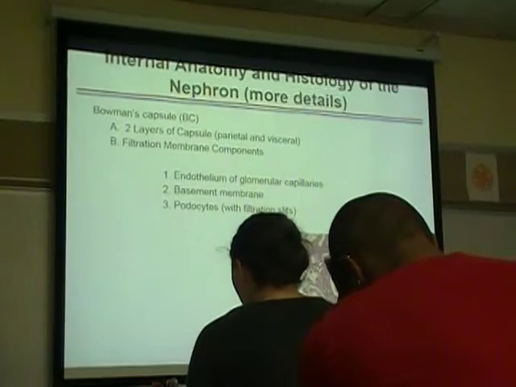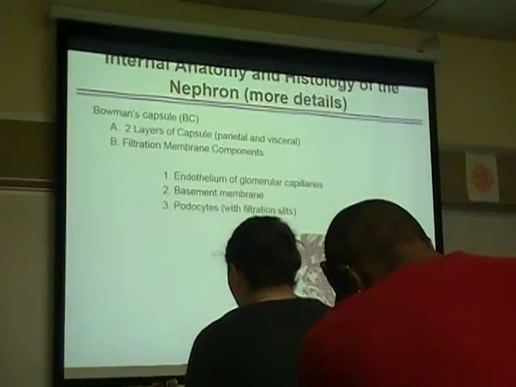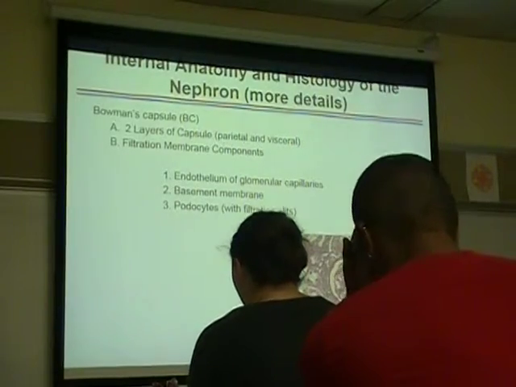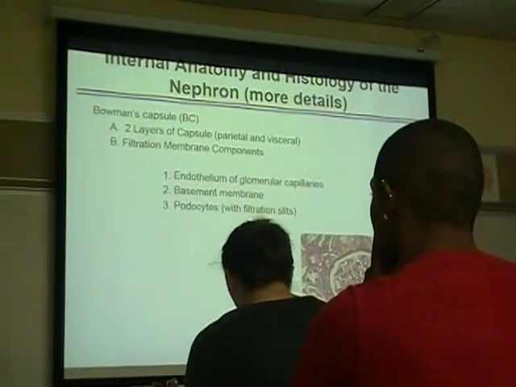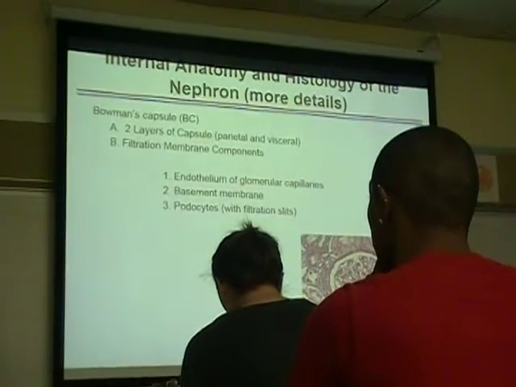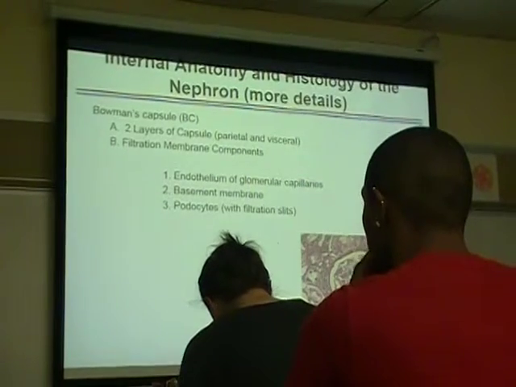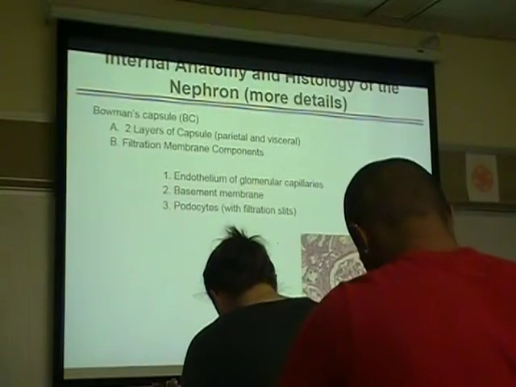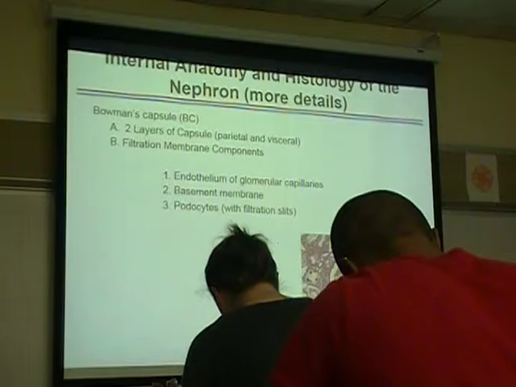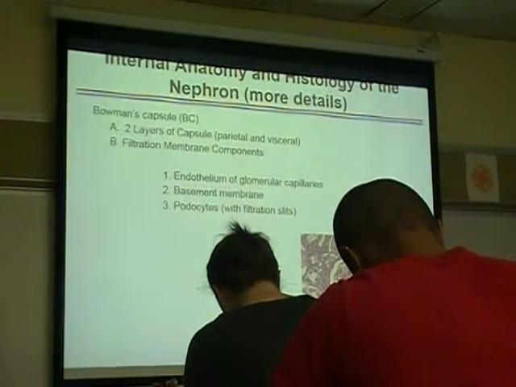You also have molecules known as nephrins and podocins. These are also negatively charged, that you find in those filtration slit diaphragms. Podocins and nephrins, small molecules negatively charged that repel negatively charged ions or molecules like albumin.